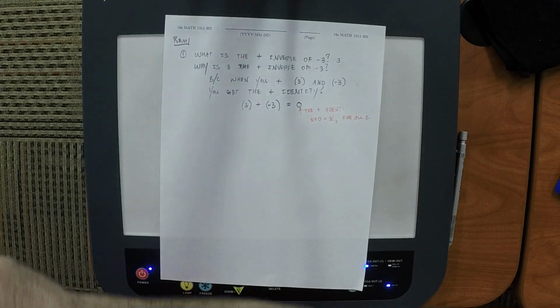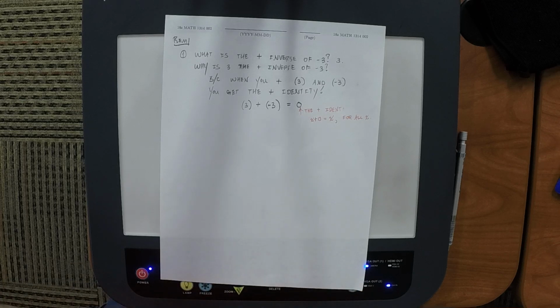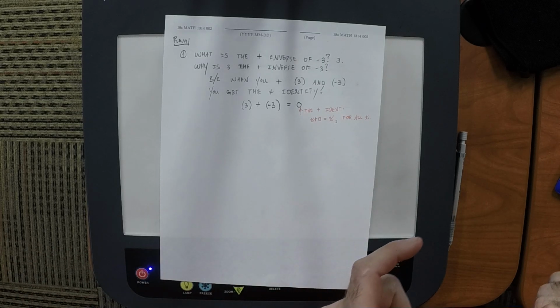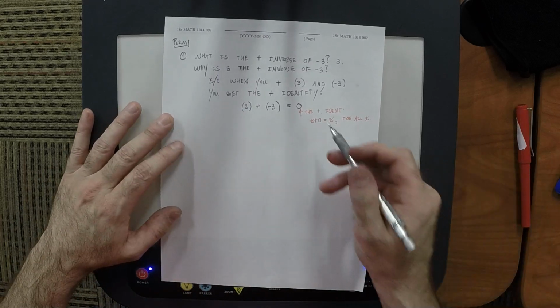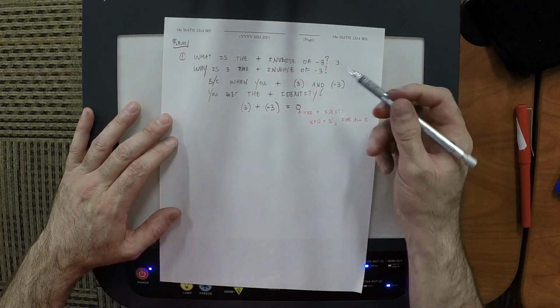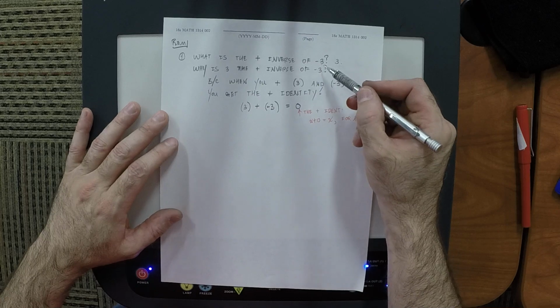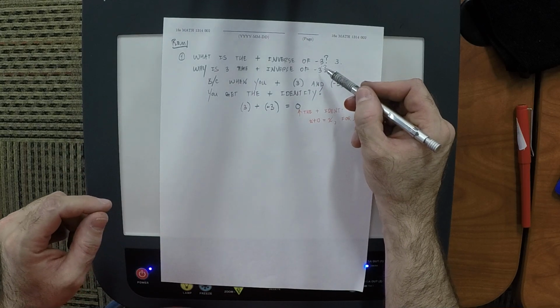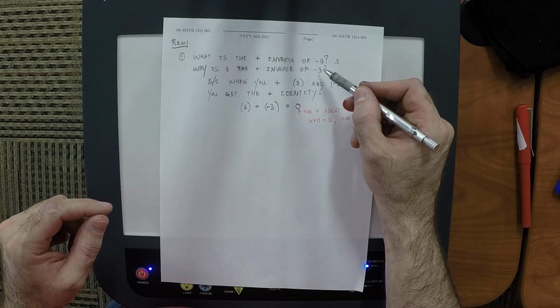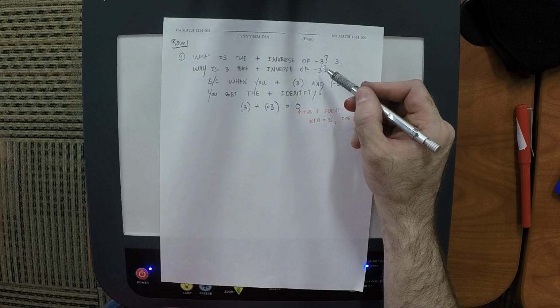Now, again, to make another kind of analogy, like a word processor analogy, you've got an undo button. This question can be said like, well, what's the undo button for adding -3? The undo button is adding +3, right?